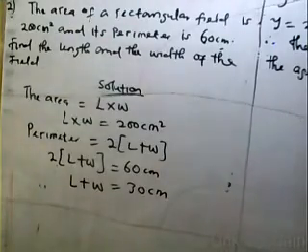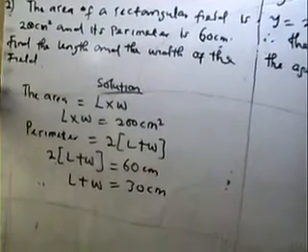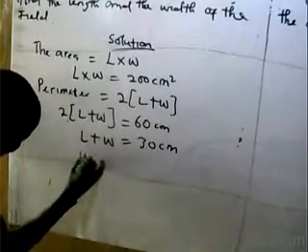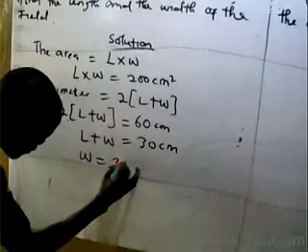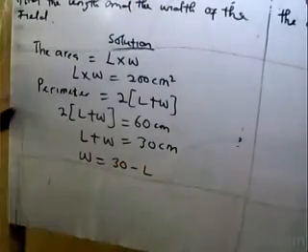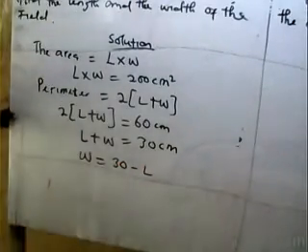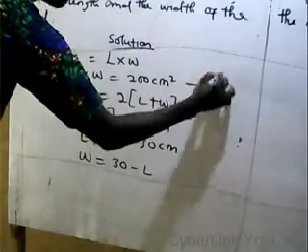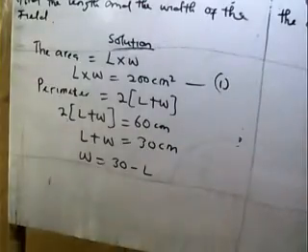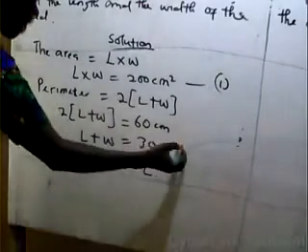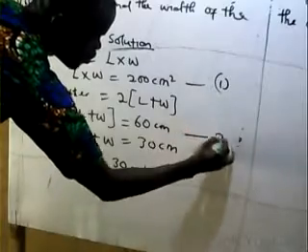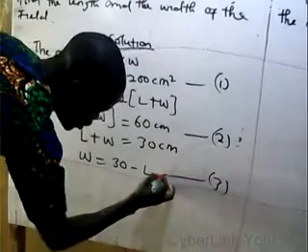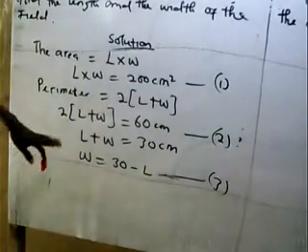So from here we now have 2 equations. From this, you can say that W is equal to 30 minus L. Are you getting it now? W is 30 minus L. If we assume this one to be our equation 1, we can say that this one is our equation 2, and this one we call equation 3.